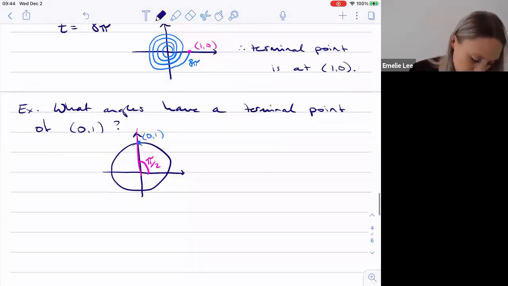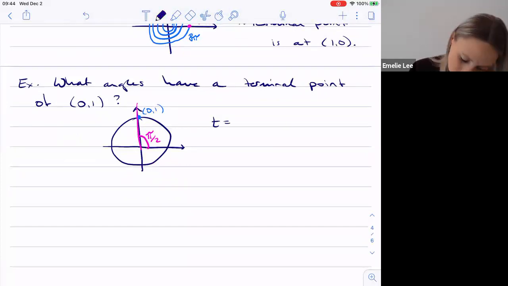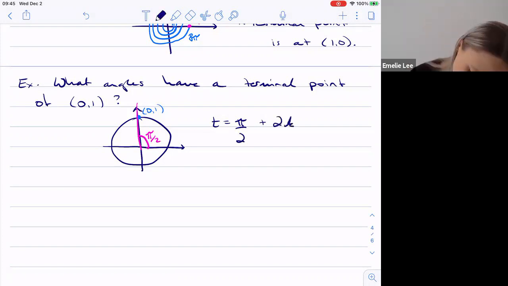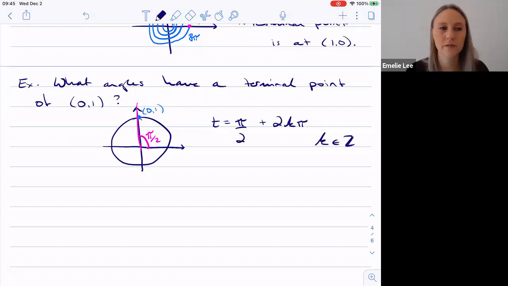So what we can say is that the angle t is pi over 2 plus, using that same notation we used earlier, 2k pi, where k is in the set of integers again. So as long as I'm moving a multiple of 2 pi all the way around, I'm going to end up at the same terminal point.